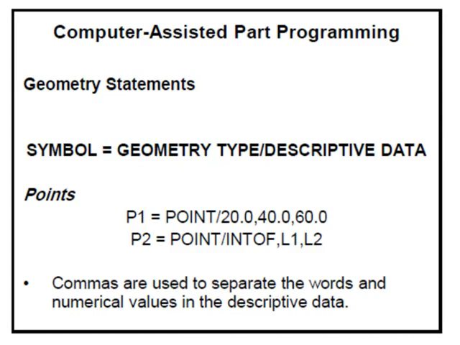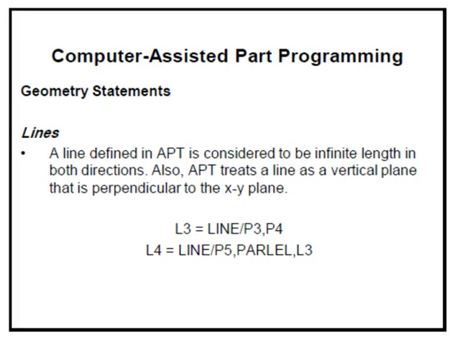Similarly, P2 can be written in this particular way also: P2 is equal to point slash intersection of L1 and L2. Next, in the same geometry statement, how to define a line. L3 is equal to line slash P3 comma P4. Similarly, it can also be written in this pattern: L4 is equal to line slash P5 parallel to L3.